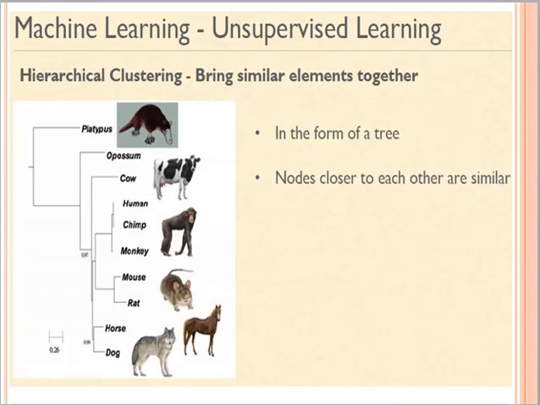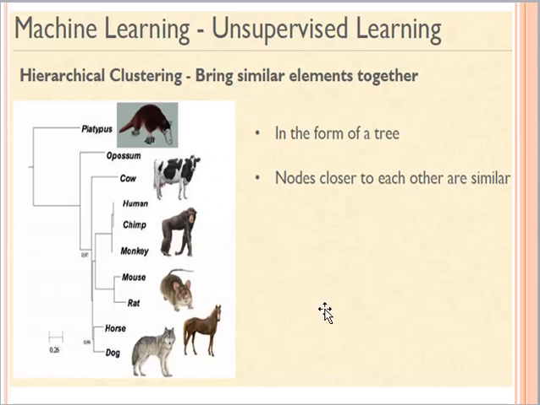Another important thing when we are trying to form clusters in unsupervised learning is hierarchical clustering, right? In hierarchical clustering, we are trying to bring similar elements together, or similar objects together, and it will result in the form of a tree, which you can also see in this figure.